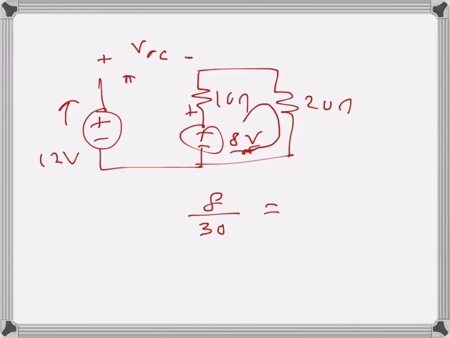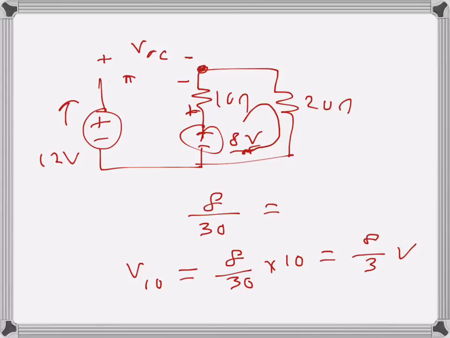So the voltage drop across the 10 ohms resistance will be in this direction, of course, because of the polarity of the source. So V10 will be 8 over 30 times 10, which is 8 over 3 volts. So we can find the voltage at this node.